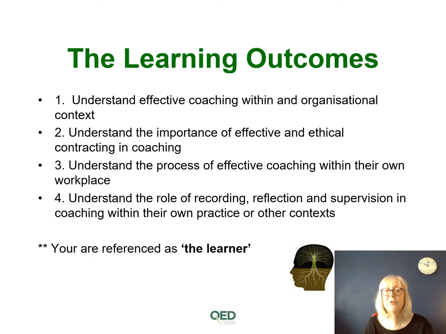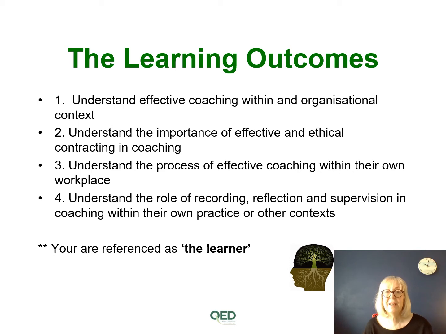So let's start off with the learning outcomes. This assignment is separated into 4 learning outcomes. The first one, understand effective coaching within an organisational context, is the sort of generic and background information into what coaching is, how it works and so on. The second learning outcome is about contracting. And we will have spent time looking at contracting, and maybe you'll already have contracted with coaches by the time you write this assignment, so you'll be familiar with the process.